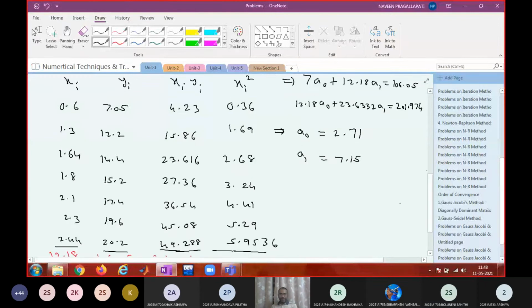Therefore, the least squares straight line is y equal to a0 plus a1x, that is, 2.71 plus 7.15x. Is it clear?